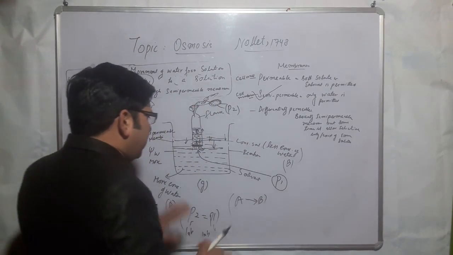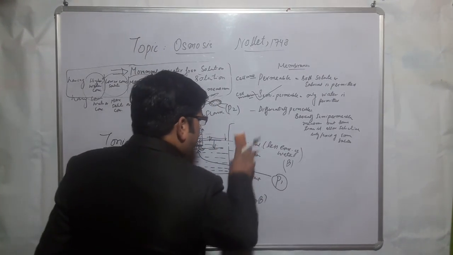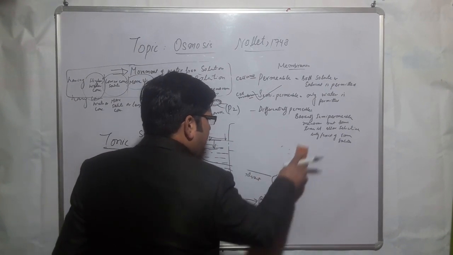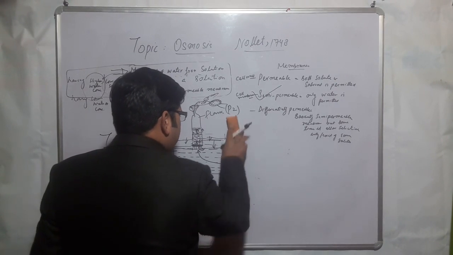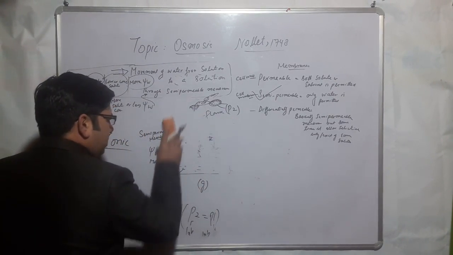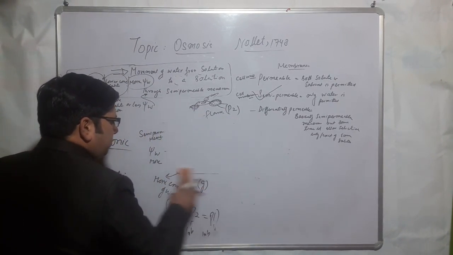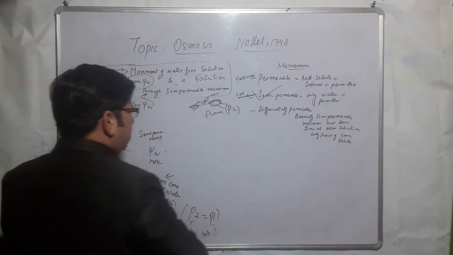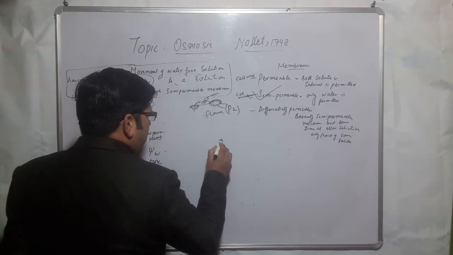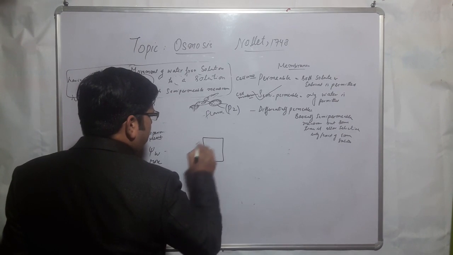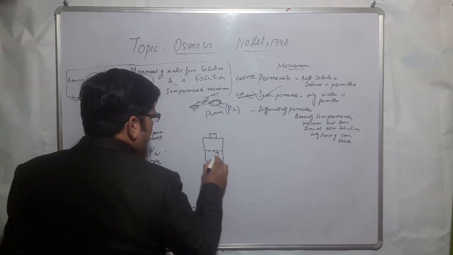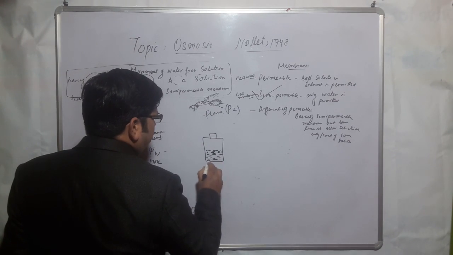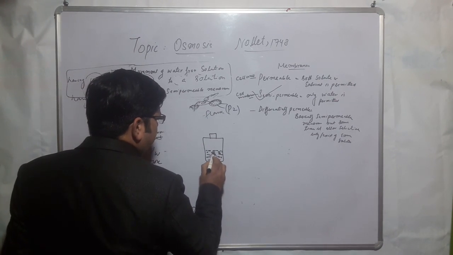Now there is one more important thing which we can easily understand, and that is reverse osmosis. Now what is reverse osmosis? Suppose there is some kind of a beaker or bottle. There's water present in it, and there are some solutes inside it.